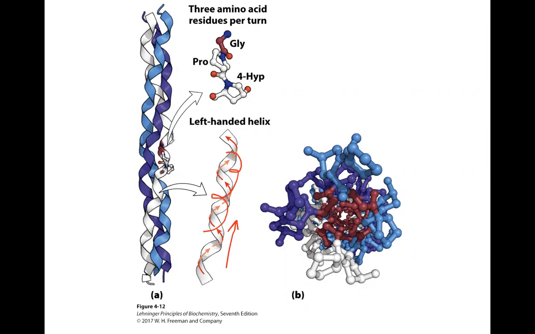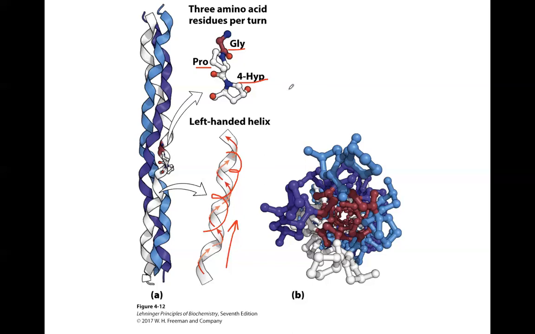And the main amino acids which form the left-handed helix in collagen are glycine, proline, and 4-hydroxyproline. So we talked about 4-hydroxyproline as an amino acid that is not one of the 20 amino acids, but it's an amino acid which undergoes oxidation, and it becomes an important component of a protein such as collagen.